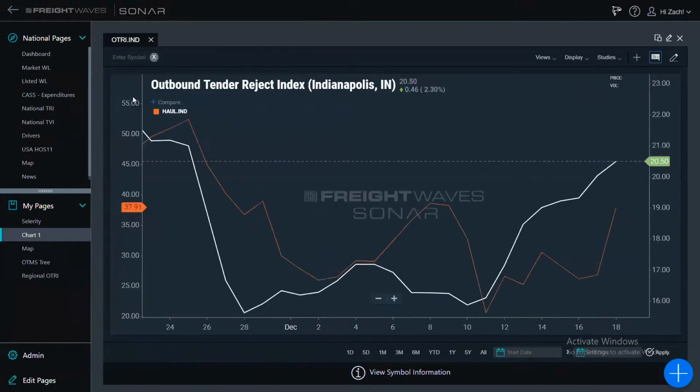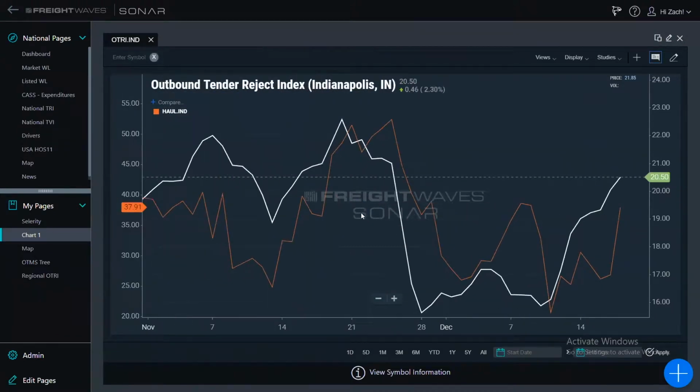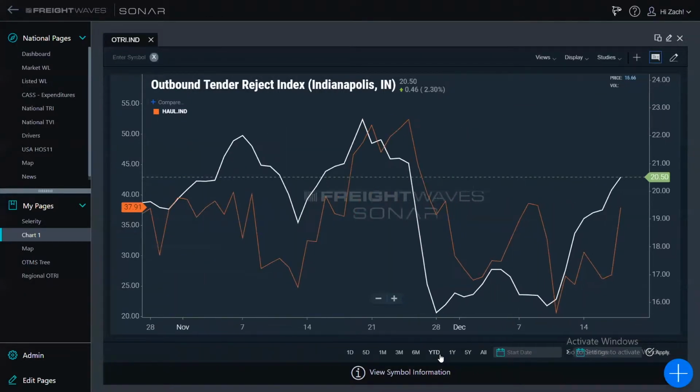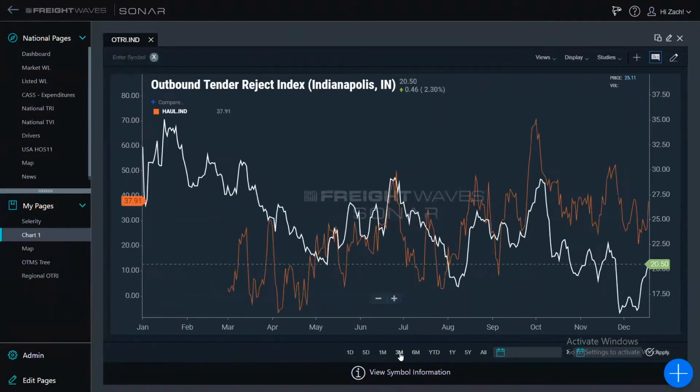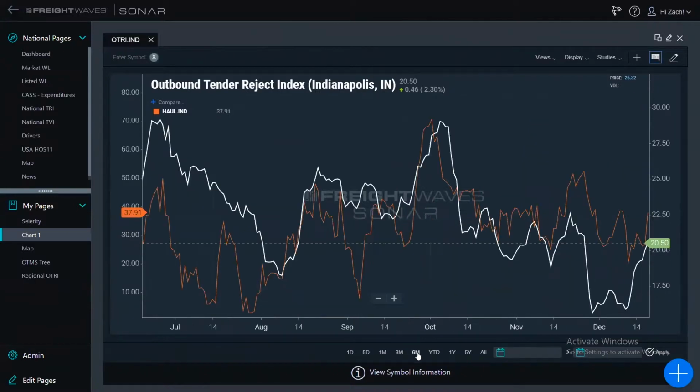Haul.ind. So yeah, there you go. That actually is a pretty strong correlation. Yes, and the reason that I like looking at it too, while there's certainly, and correct me if I'm wrong, as I'm sure you will, while there's certainly correlation in looking at some of the DAT indices that we have in here, from a price standpoint and the tender data, they're giving you insights on a little bit different data points and data sets.